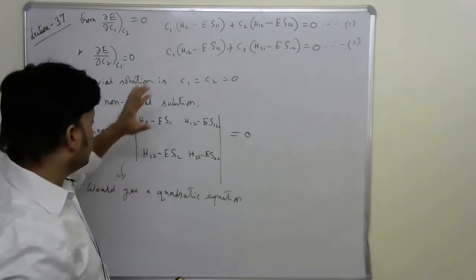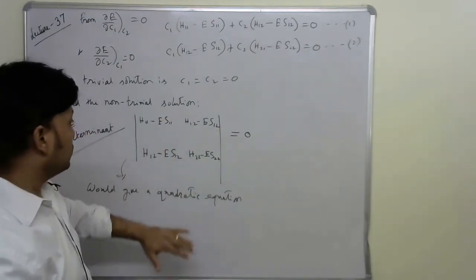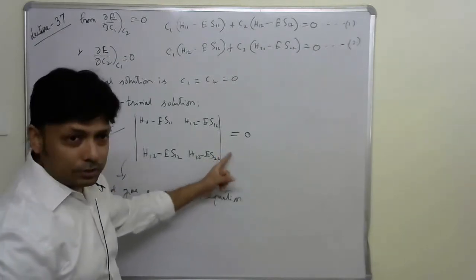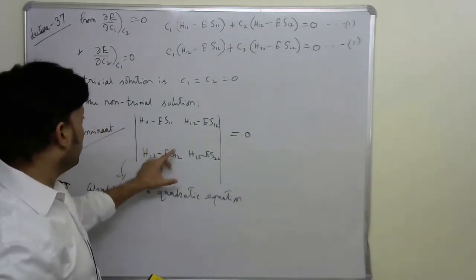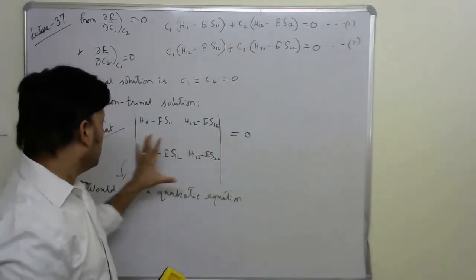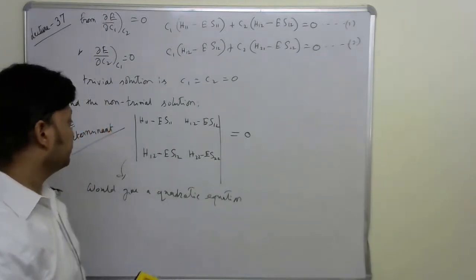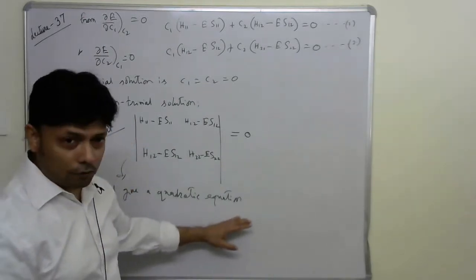So in order to find C1, C2, we have to find E first, the energy. Therefore, we can only find energy by solving this determinant. And the condition is, you can only get a non-trivial solution where this 2 cross 2 determinant must be equal to 0. And from this we'll get a quadratic equation, obviously.